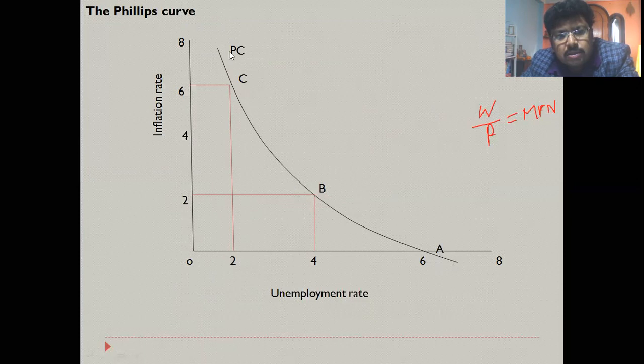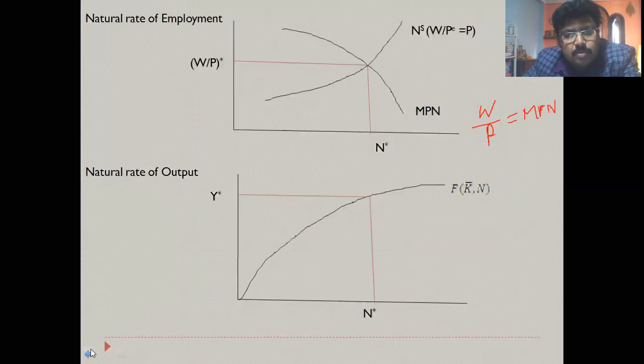And this point represents the natural rate of unemployment, 6% natural rate of unemployment. And in my previous figure, this N star is the natural rate of employment. This N star.